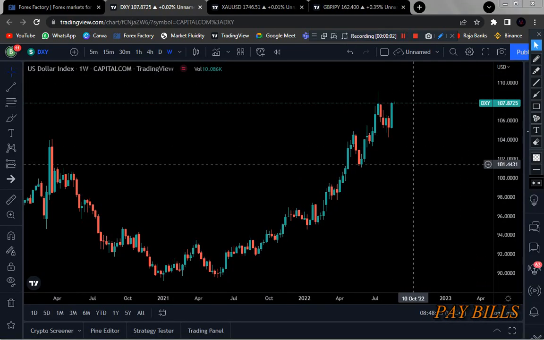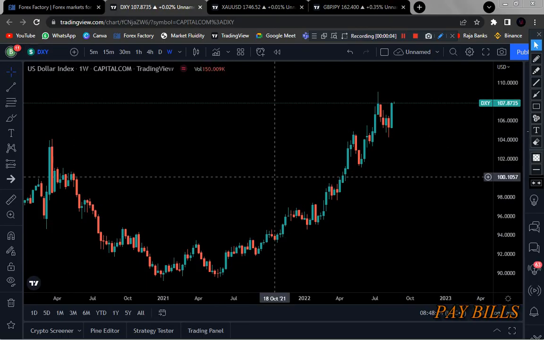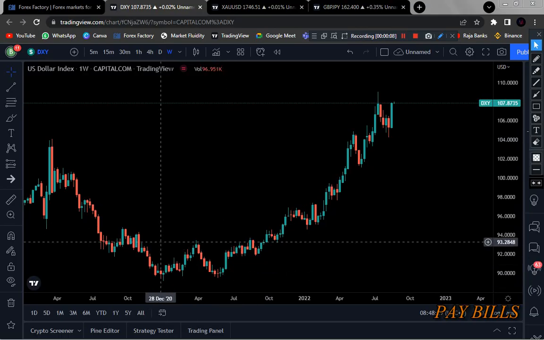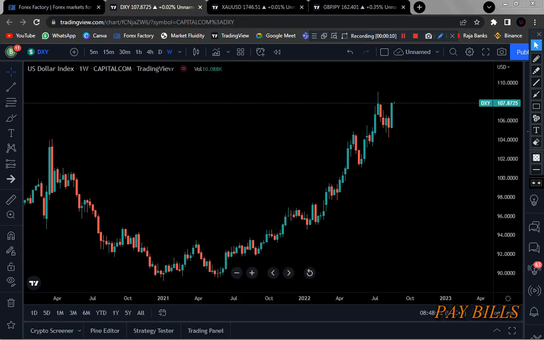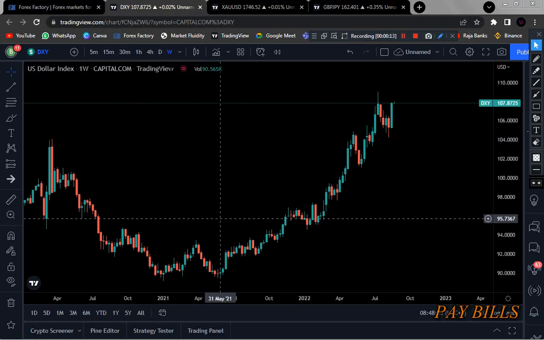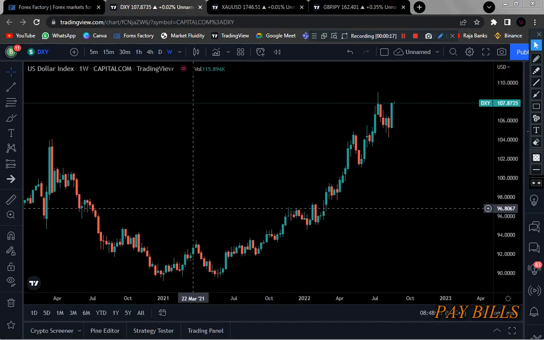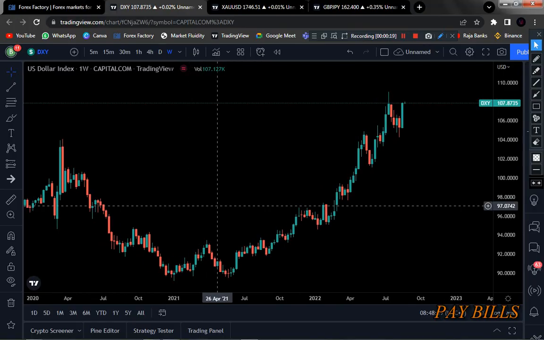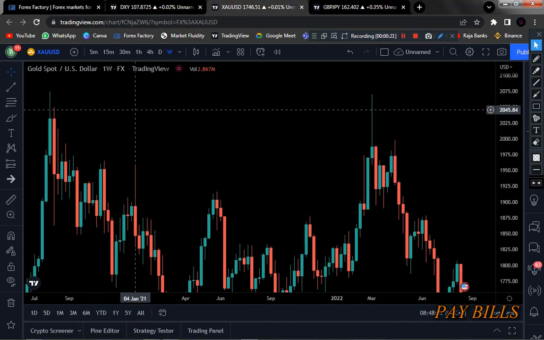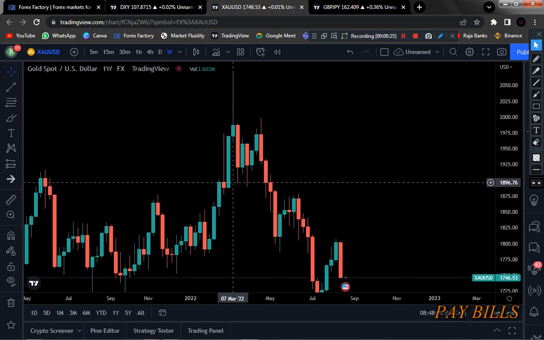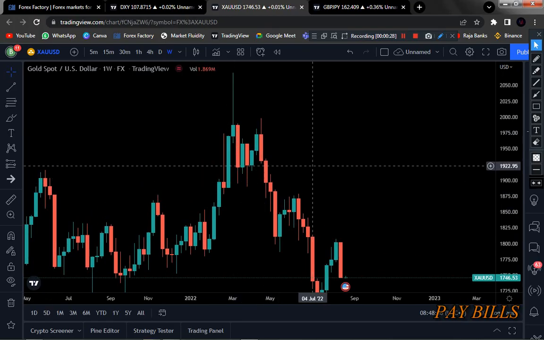So if we take a look here at the dollar index, we will see that the huge dip was seen at this area. This is like April, May, and here we have this March area. So it corresponds with this area, which is Feb, March, and then here we are in April.